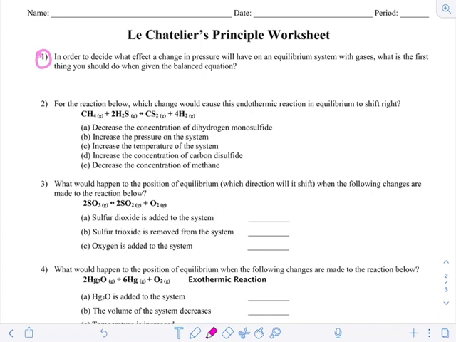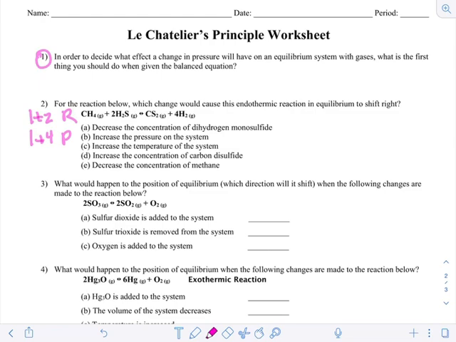Okay, so for this second problem here, notice that they have 1 plus 2 moles for the reactants, and for the product, they have 1 plus 4 moles. Now with gases, if you are changing pressure, you're going to shift it in a direction. If it's high pressure, it's going to go to the lower moles.